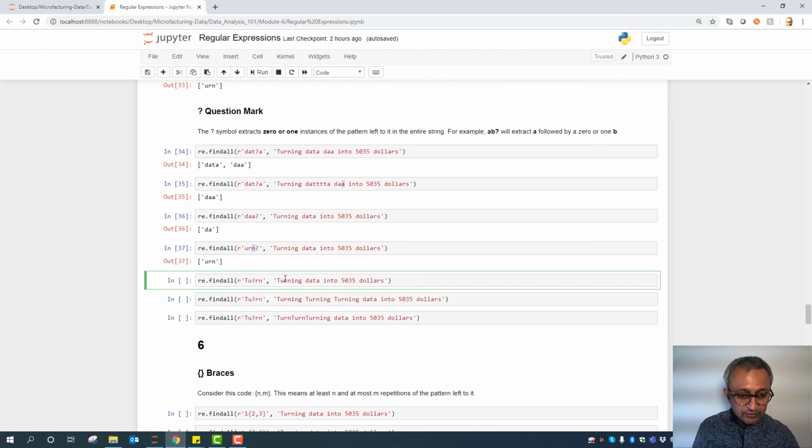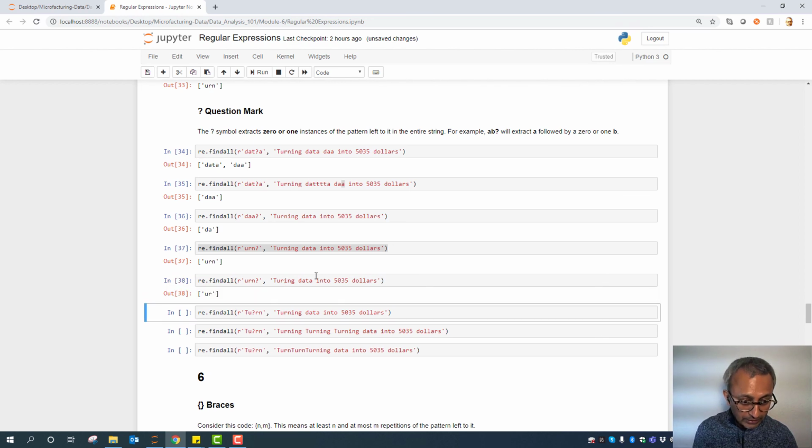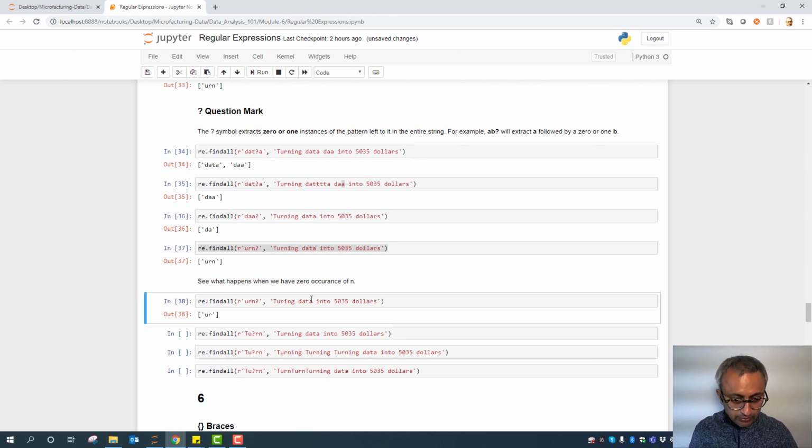Even if you didn't have an N here, for example, it will still return UR, because 0 or 1 occurrences of N. So here we are saying 0 occurrences of N. Let me just make a mark. So here we have 0 occurrence of N.